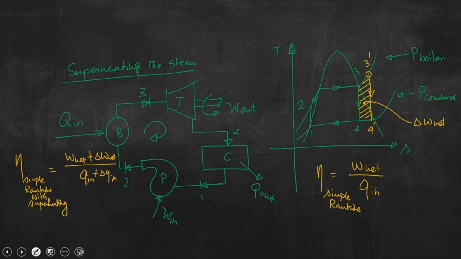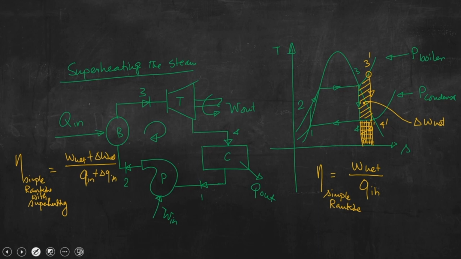Additionally, if we allow steam to be superheated from 3 to 3 prime, you can see from the schematic depiction, so this is 4 prime, this is an additional amount of heat that must be rejected in the condenser.